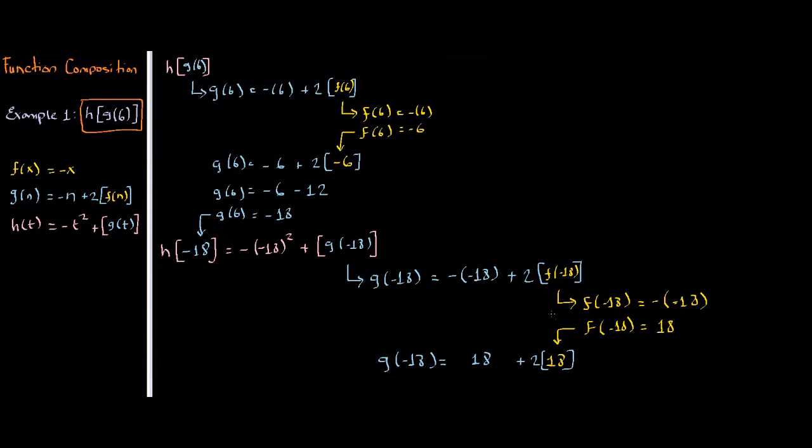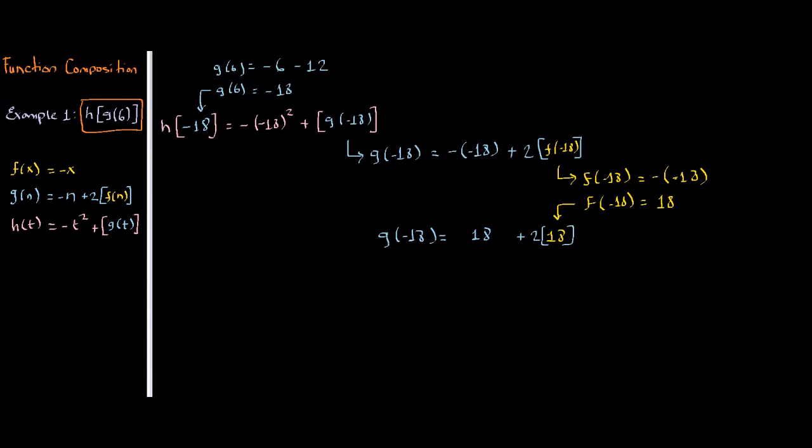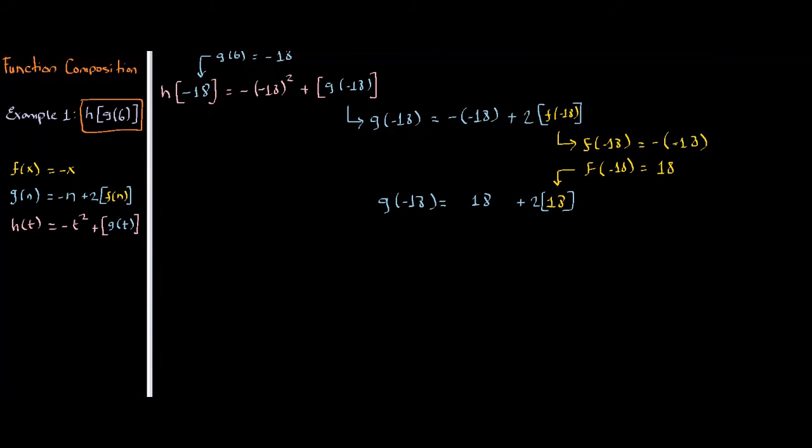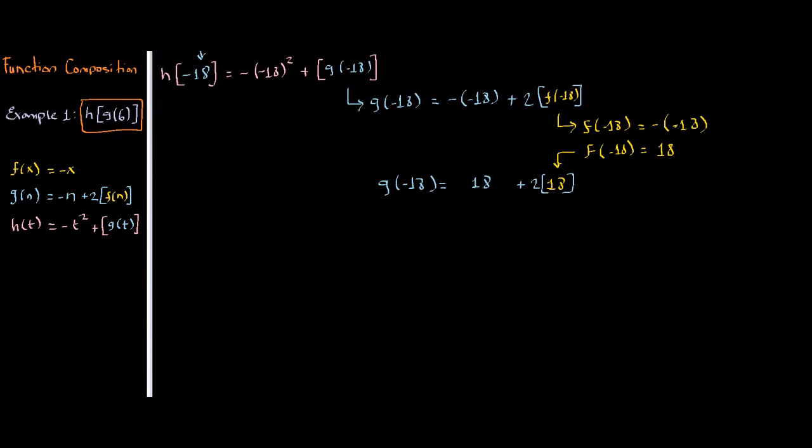Now I'm going to scroll down a bit the screen because we're running out of space. So okay, I'm going to continue in here. Now g of negative 18 is equal to negative 18 plus 36. Now, in other words, g of negative 18 is equal to 54.